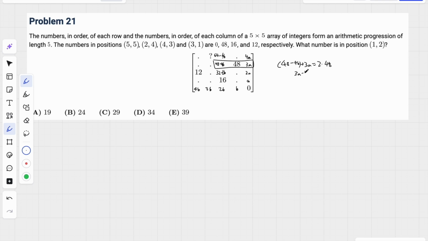And now let's cancel out the terms and do some rearranging to get this. And now let's look at this row. Since these are equally spaced, since they both have one term between them, we can also use this property.